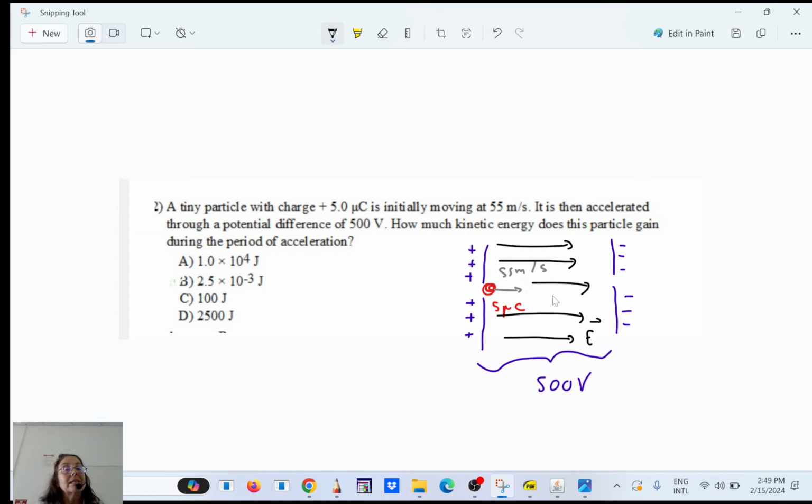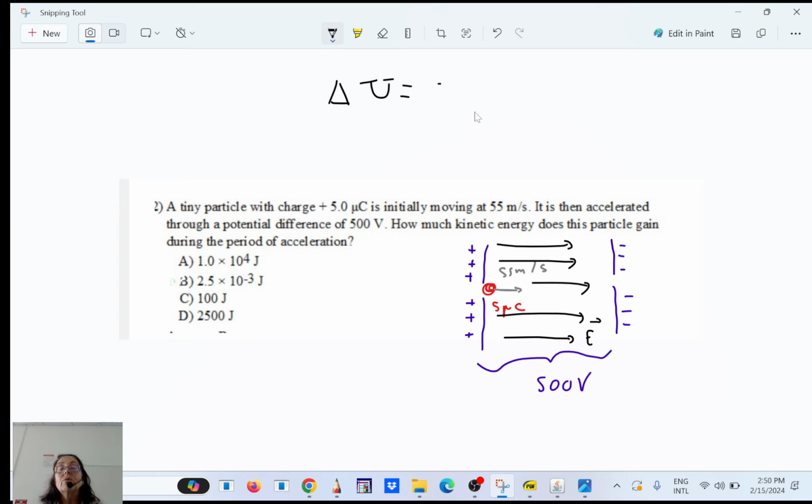It's going to gain kinetic energy. Why is it gaining kinetic energy? Because it had potential energy to begin with. What's the potential energy? It's delta V, 500, per coulomb.